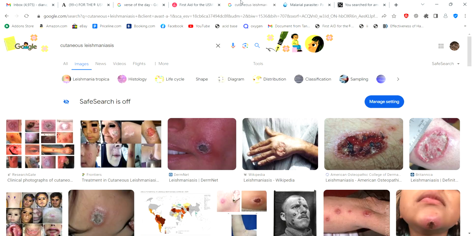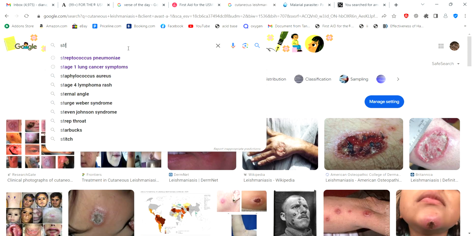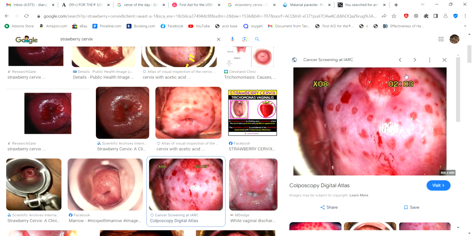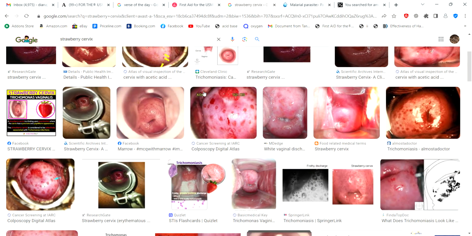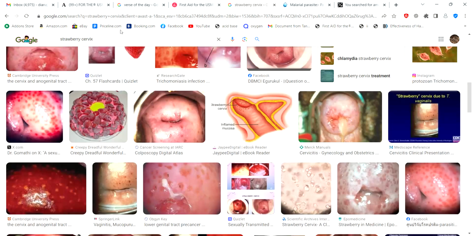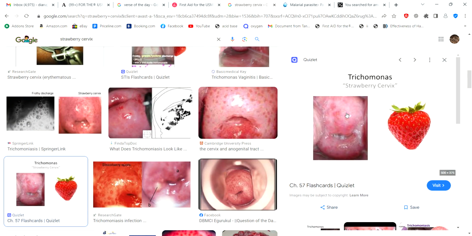Let me show you. Strawberry cervix. This is what it looks like, like dots on the cervix, like a strawberry.